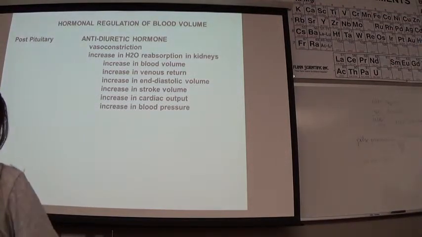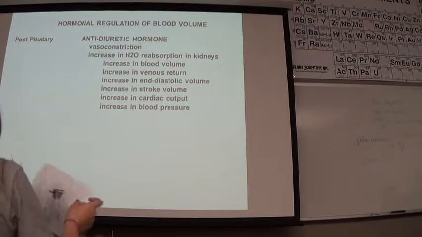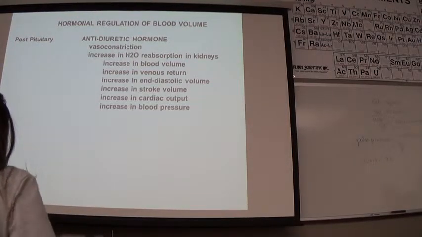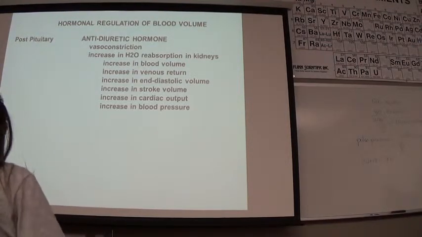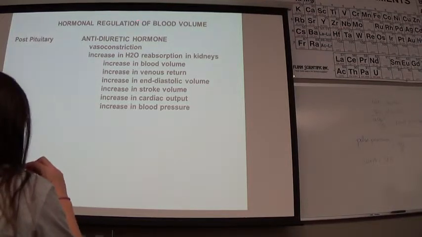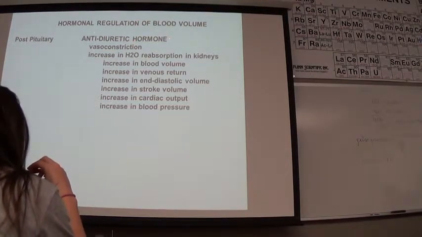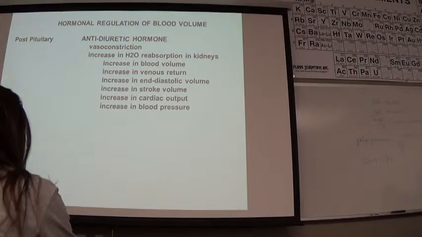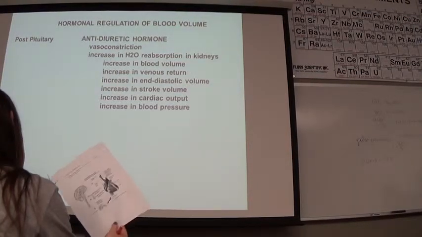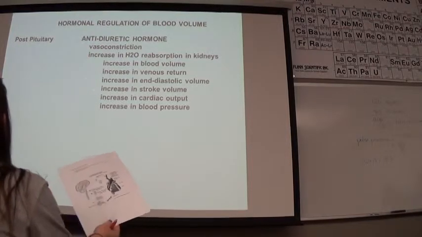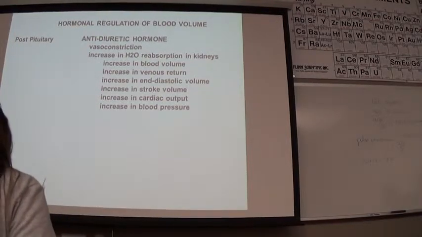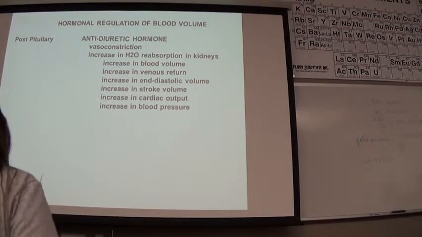With the chemicals that are involved, this is the same vasopressin that I had mentioned earlier. Antidiuretic hormone is released by posterior pituitary. It's going to affect both vasoconstriction, but at the kidneys, that's systemic. It's going to cause blood vessels to constrict.